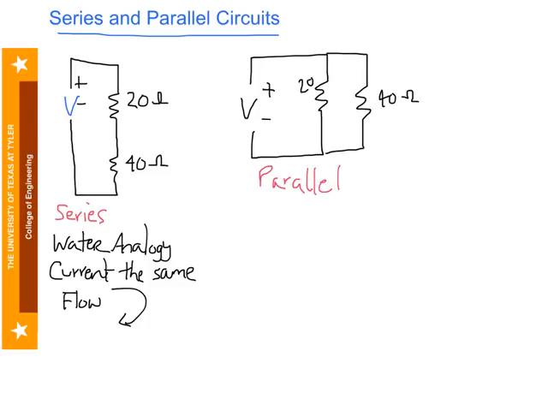In the parallel circuit, on the other hand, if we continue that, the current is not the same, right? So if I looked at the current here in this leg, if I had, we call it flow 1, right?